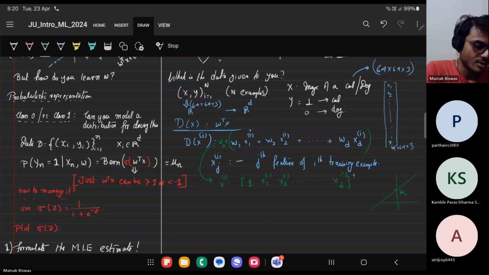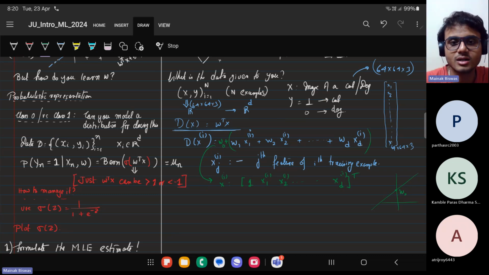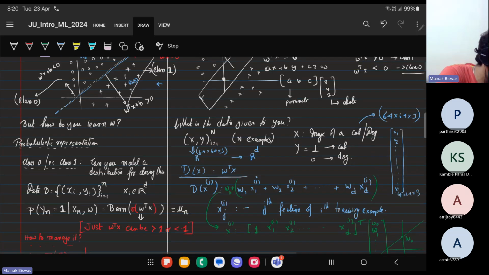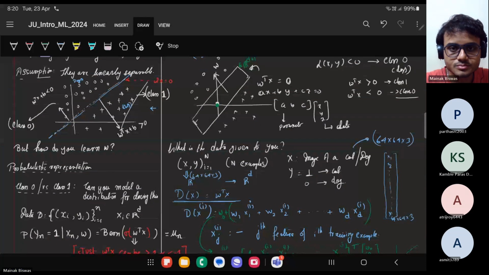If I add a 1 in the beginning, when I take the dot product with W0, W1, through WD, I'll get W0. I hope it is clear. And this is why I took the origin in the center. This is R D plus 1 dimensional, so the origin will be contained in it. Yes or no?